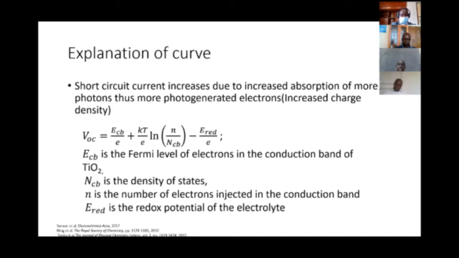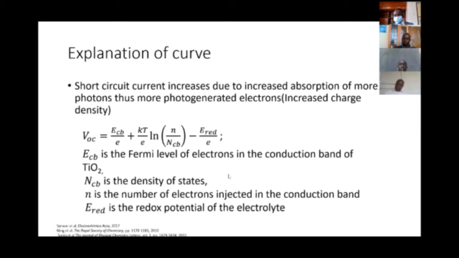I observed that short circuit current increases because of increased absorption of more photons, and thus there are more photogenerated electrons which could be transported to the contacts of the solar cells.